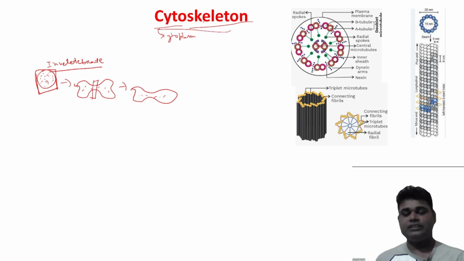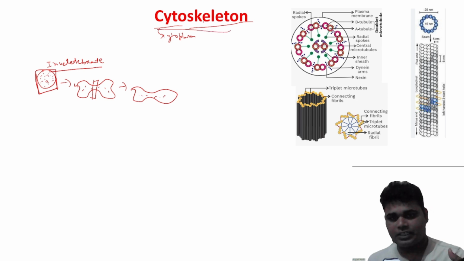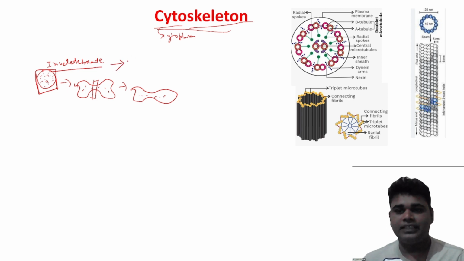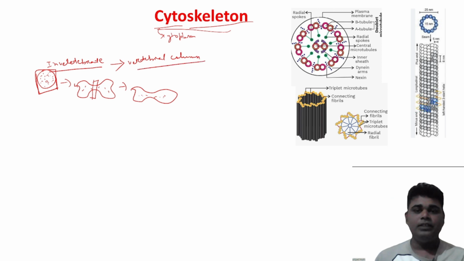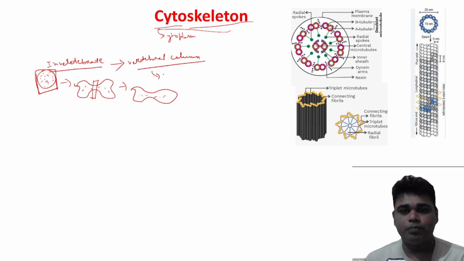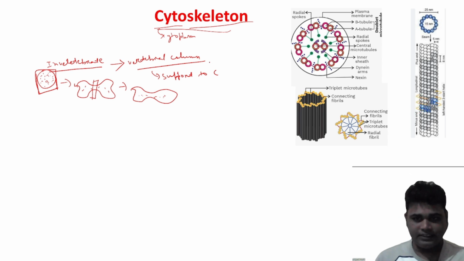So in the invertebrate as well as in the vertebrate, the cytoskeleton also works like the vertebral column. How does it work like the vertebral column? Because it provides support to the cell or to the body or to the organism.